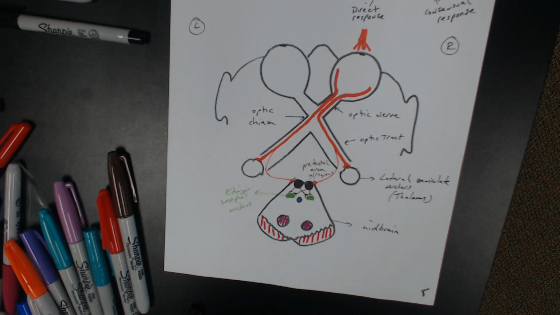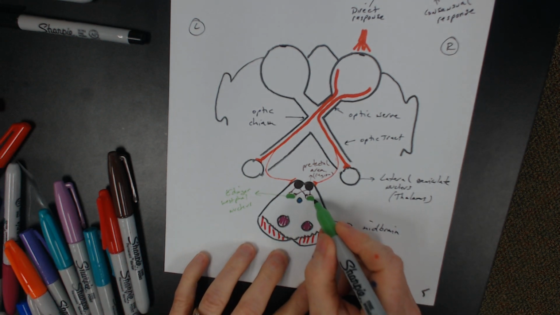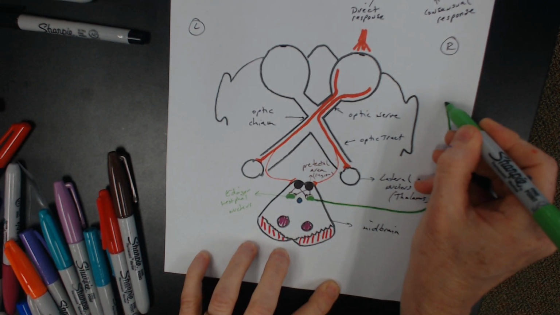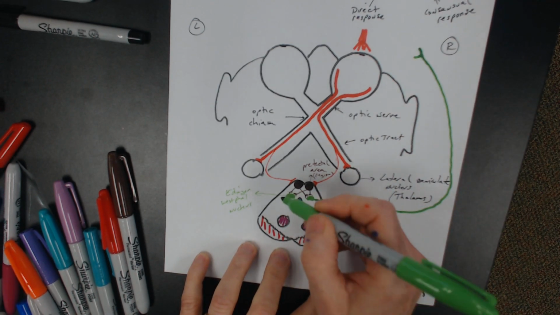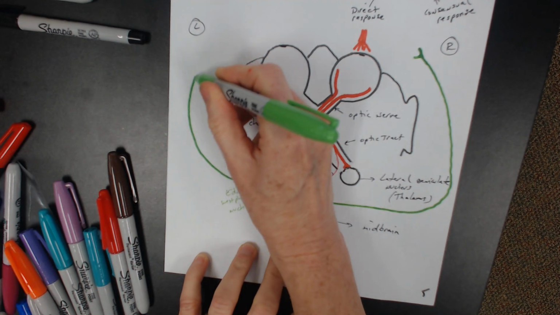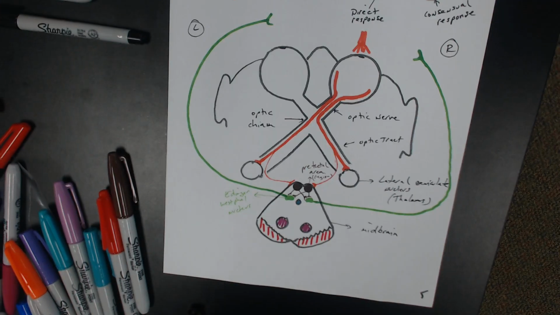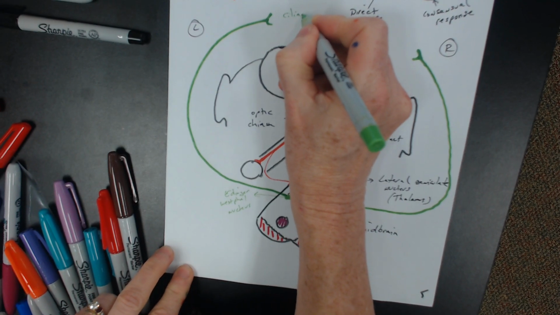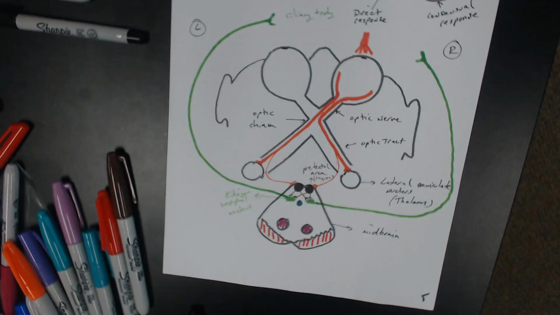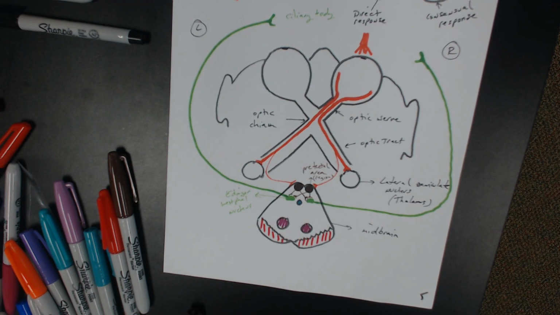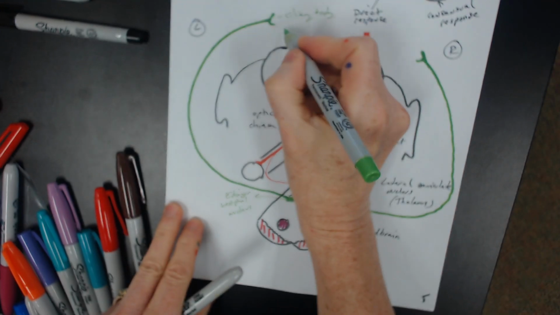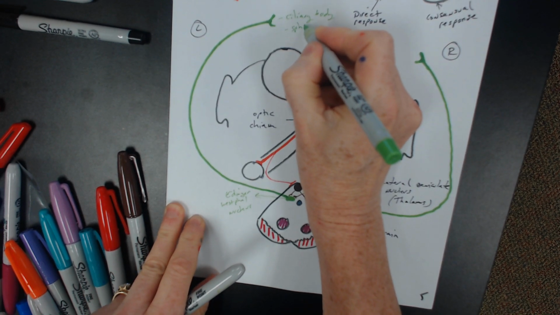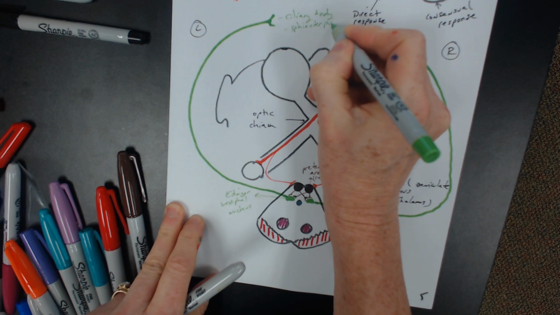So the Edinger-Westphal nucleus has axons that are going to come out here and perform the parasympathetic action for cranial nerve 3, and that is to stimulate the ciliary body, as well as the sphincter pupillae, causing pupillary constriction.